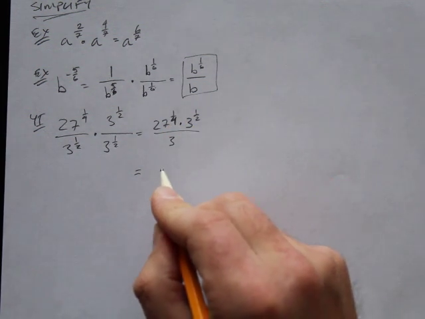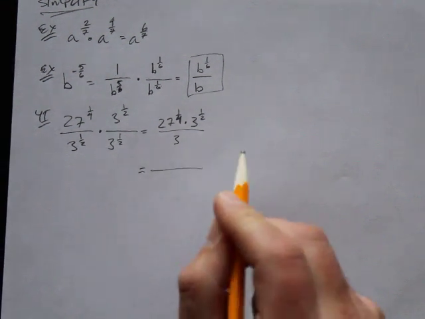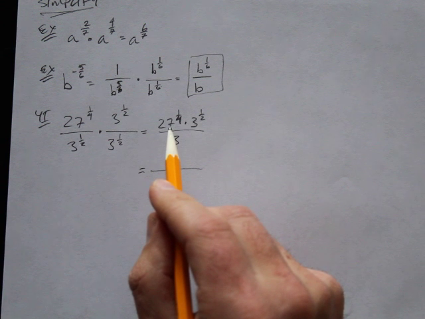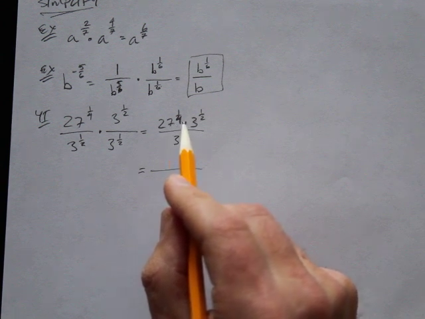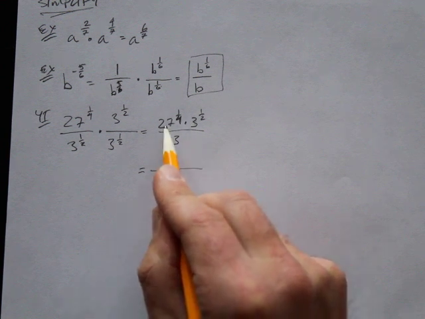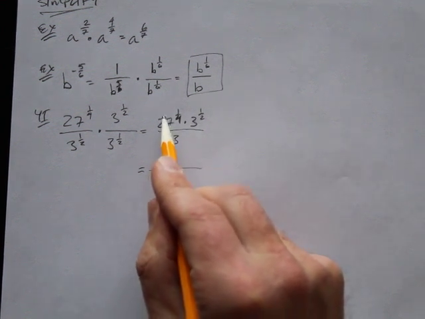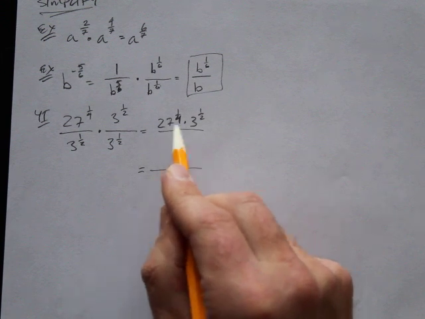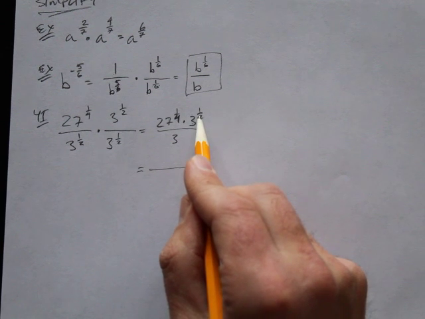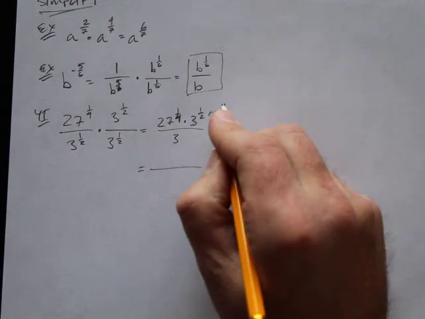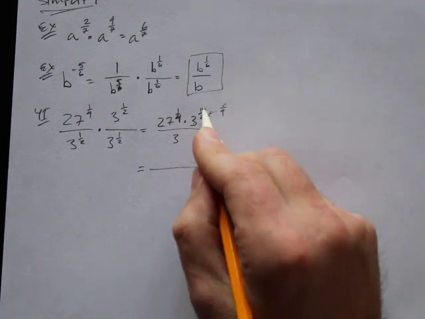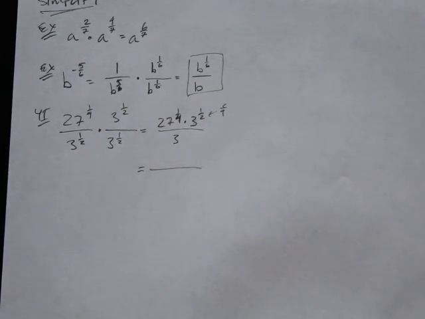I've got to keep going. I need a common denominator, and I need a common base. So this is the base, and I want a common base and a common denominator up here. So I'm going to change this to 2/4. Okay, so 1/2 and 2/4 are the same.